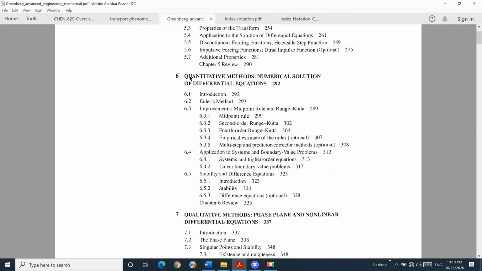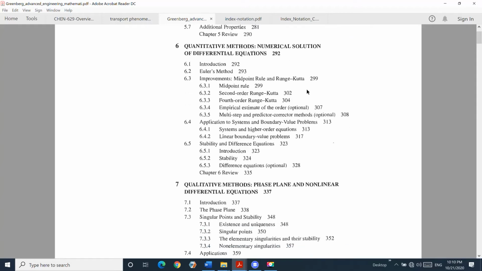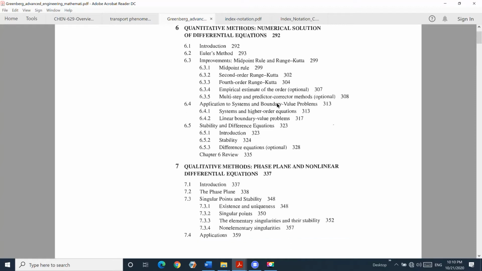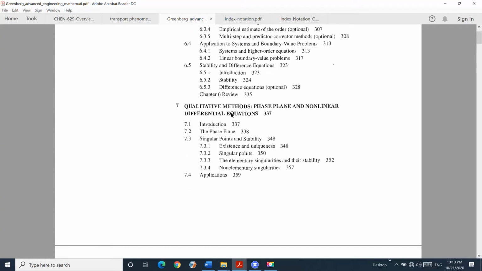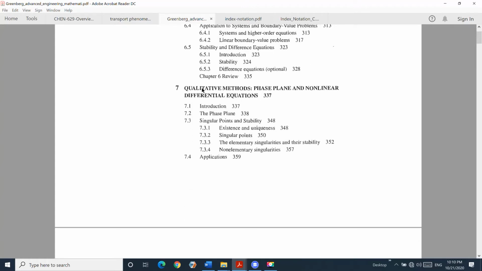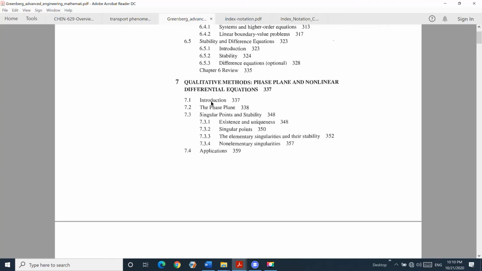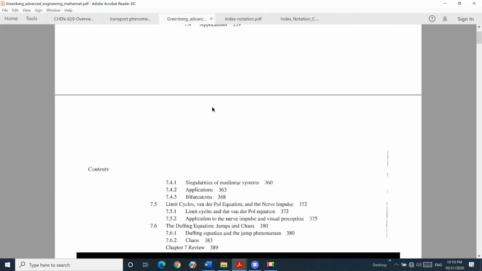Chapter 6 gives quantitative methods like numerical solution of differential equations, such as Euler methods, the midpoint rule and Runge-Kutta methods, and applications to systems and boundary value problems, stability and difference equations. Chapter 7 gives qualitative methods like the phase plane and nonlinear differential equations, and so on.